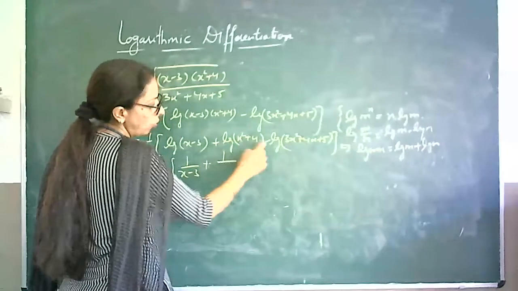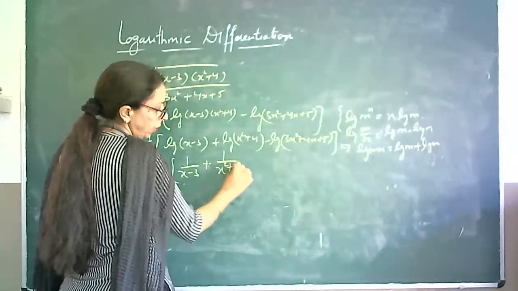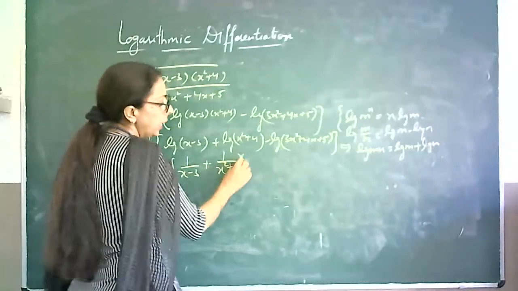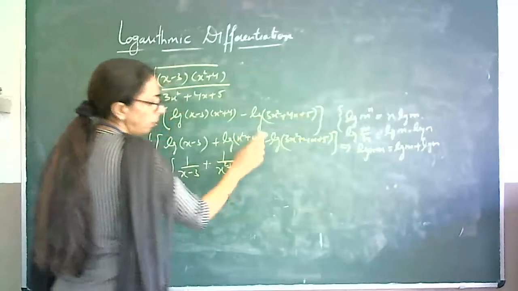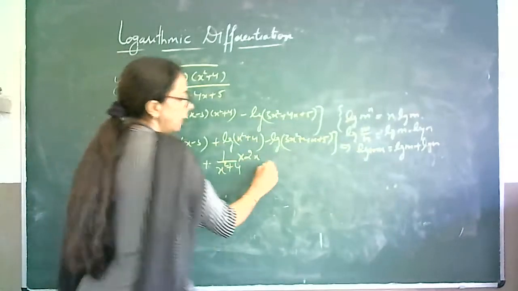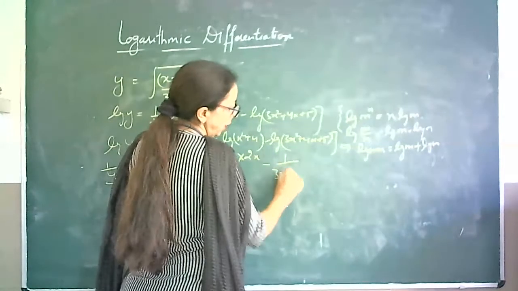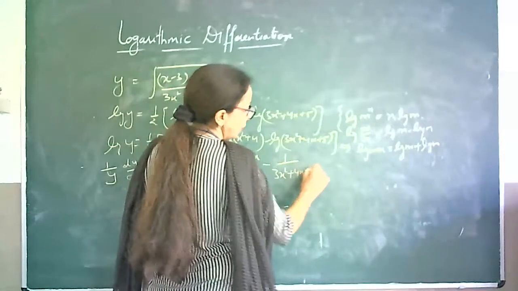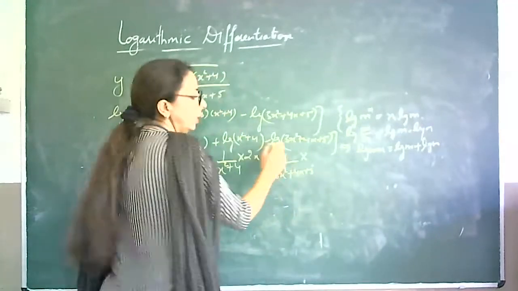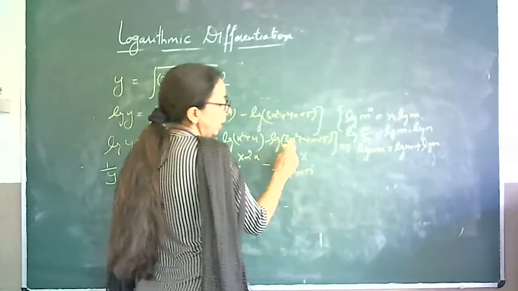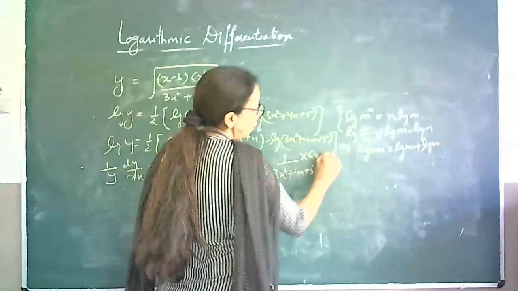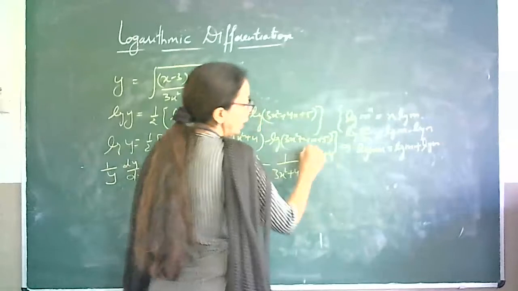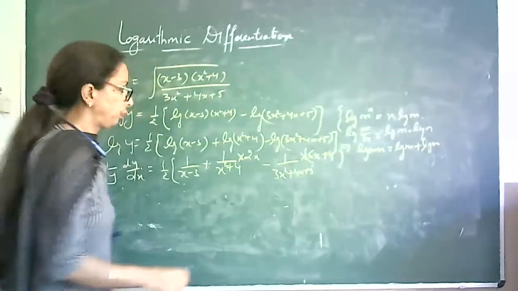Now log x square plus 4 is 1 upon x square plus 4 into the derivative of x square plus 4, which is 2x plus 0. Minus 1 upon 3x square plus 4x plus 5 into the derivative of this whole, which will be derivative of x square is 2x, 3 2s are 6x, plus 4x is 4, and that of 5 is 0.